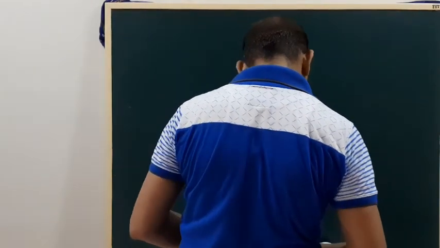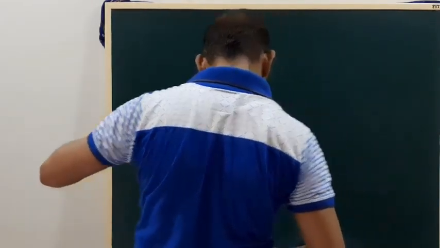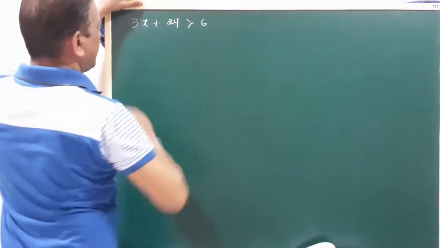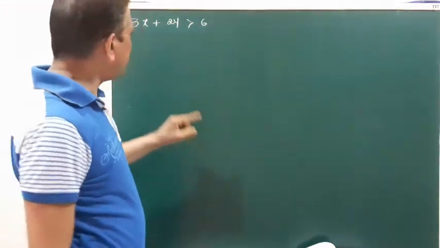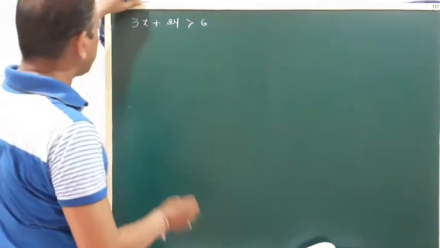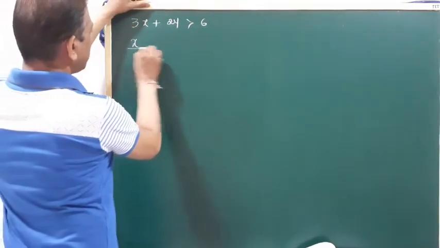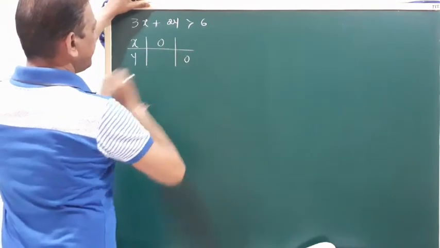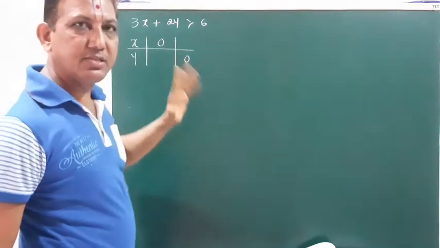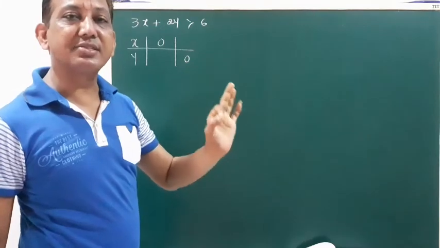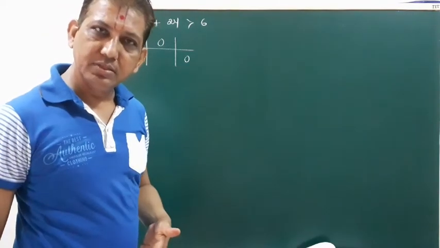Example number 9: 3x plus 2y greater than 6. Now first we prepare the table, x and y. Compulsorily we take two values: one time x is 0, one time y is 0, because the graph always intersects the x-axis and y-axis.